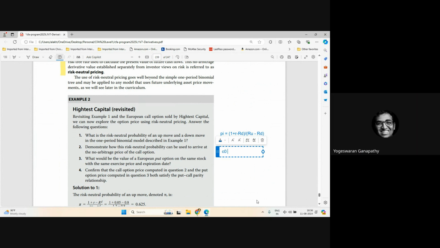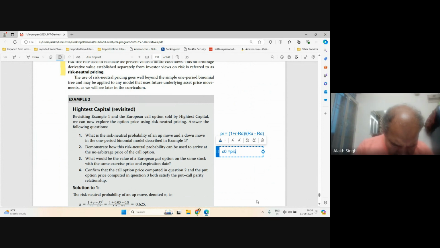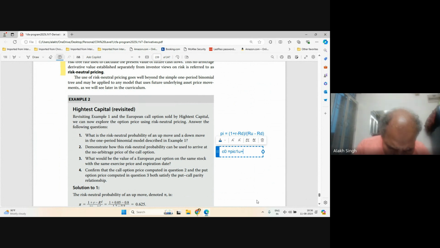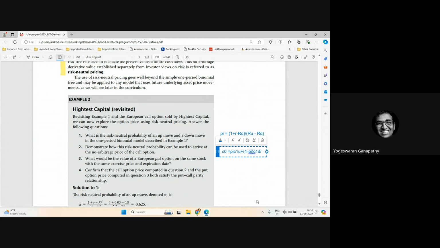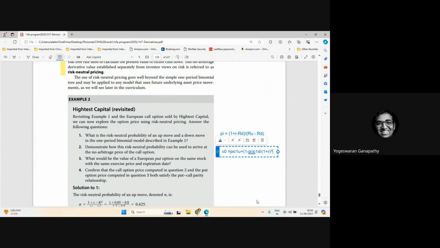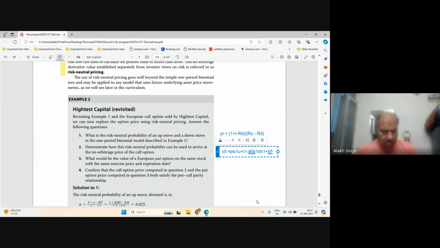C0 is equal to pi times C1U plus (1 minus pi) times C1D, divided by (1 + R) to the power of T. Here T is 1, so I am writing it to the power 1.